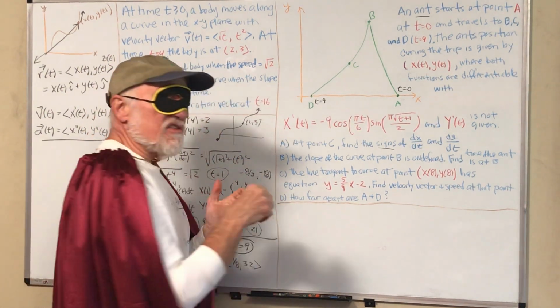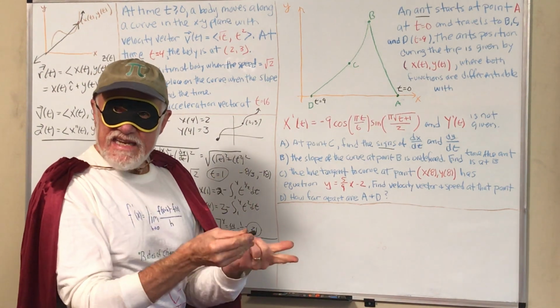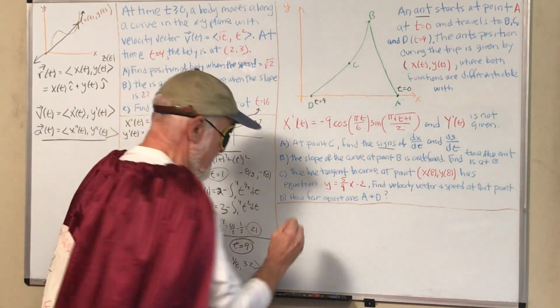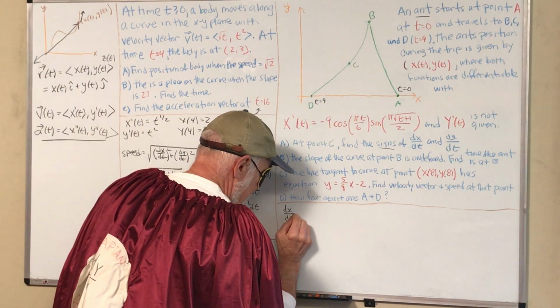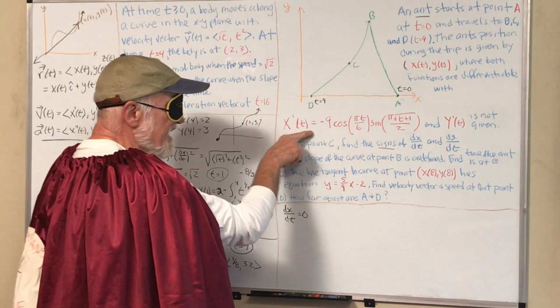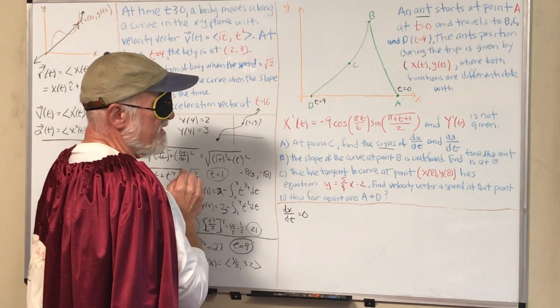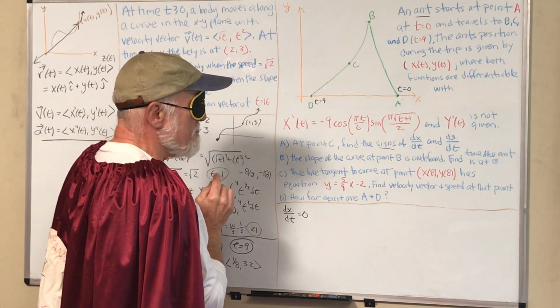Slope is dy dx, which is dy dt over dx dt. So to make it undefined, dx dt must equal 0. And we've got dx dt right here. So what is the first time that that's going to be 0?